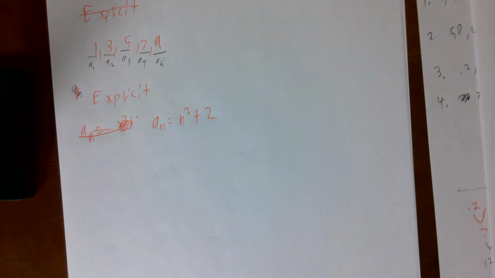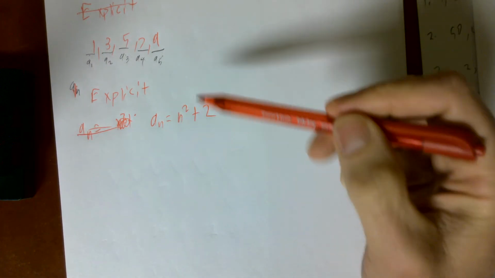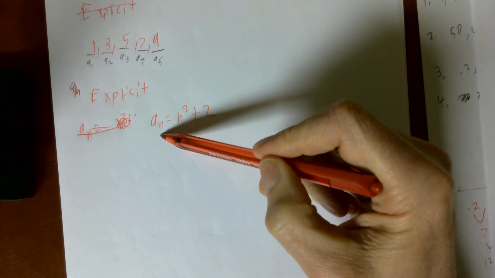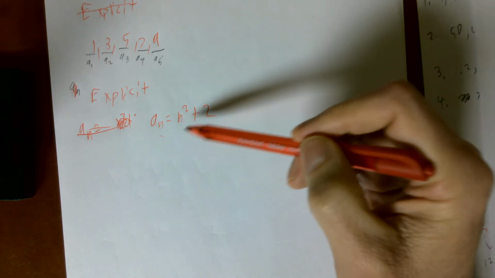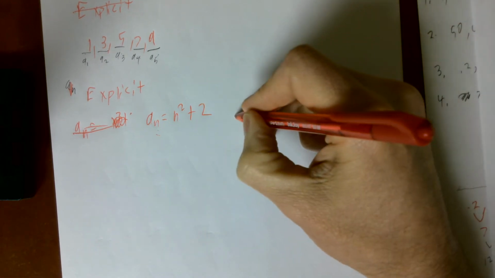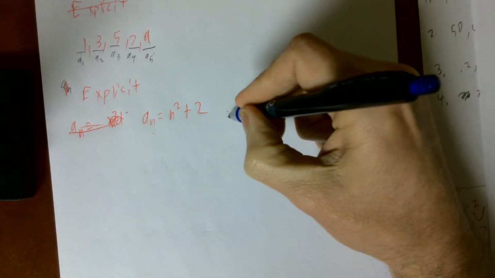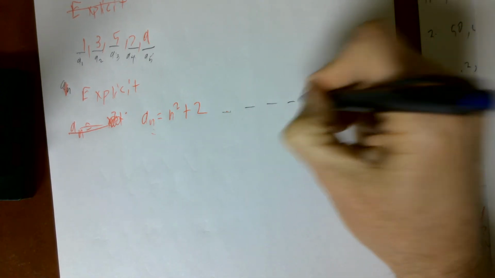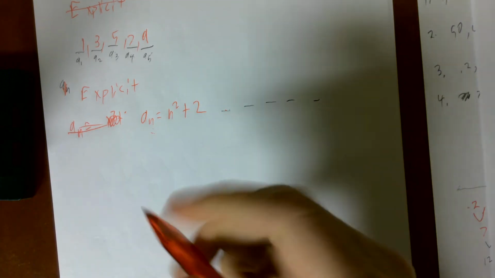Some of your homework problems are going to be like this: they give you an explicit formula and they'll say write down the first 3 or 4 terms. If I give you an explicit formula and I say I want the first 5 terms, we're going to put 5 dashes: 1, 2, 3, 4, 5. And how do we figure out our 5 terms?